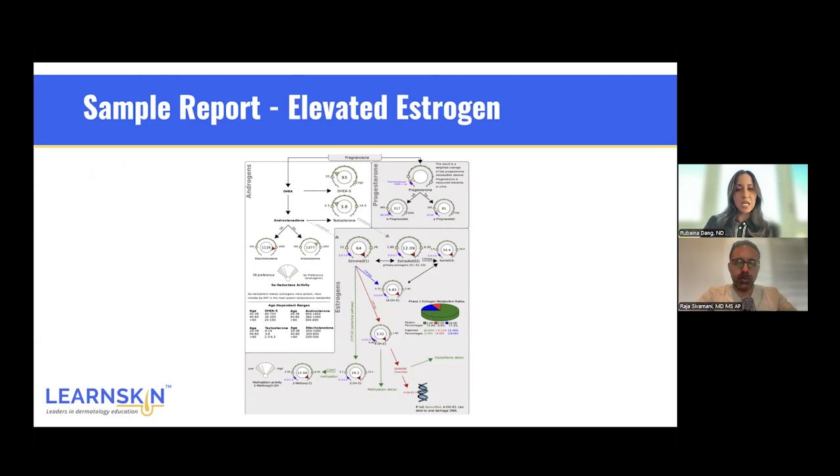But her DHT, she's producing more of the 5 beta pathway when we're looking down at DHT. So she has more of a 5 beta preference rather than 5 alpha preference. So she might not be presenting with the same types of symptoms that the first case had, with that hirsutism, that widening of the part line. But it could be contributing to some of her cystic acne as well.